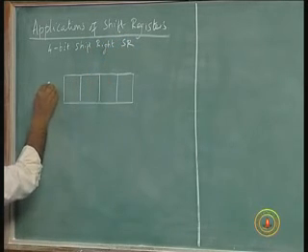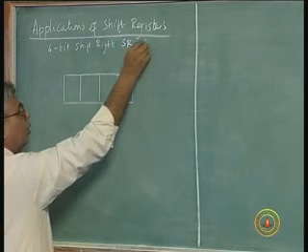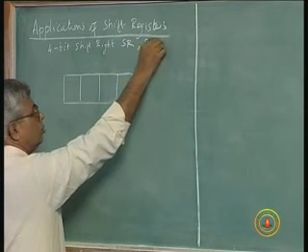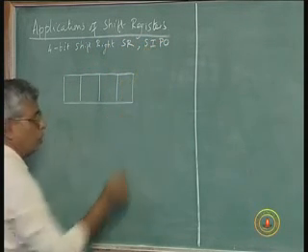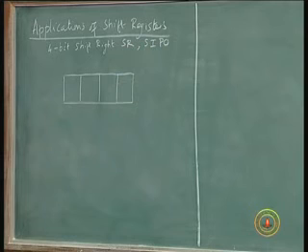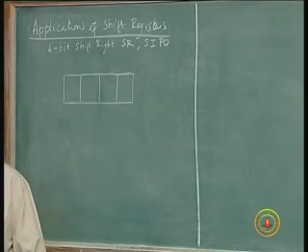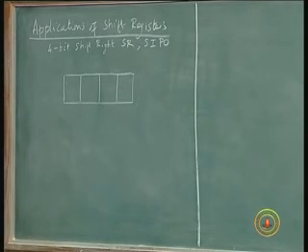Let us assume this is a serial in, parallel out. That means you can put the data in serially. Serial in, parallel out does not mean you cannot put parallel data. Parallel input also will be there with the loading feature. But otherwise, normally data is put through the serial input.